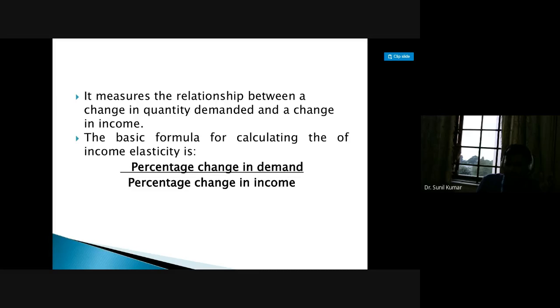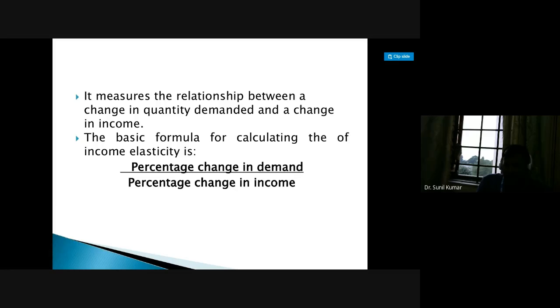So if you talk about some goods, what we will see is that people start to buy less, or change their motives, or change their living style, or change their living standard. And ultimately it will be changed.